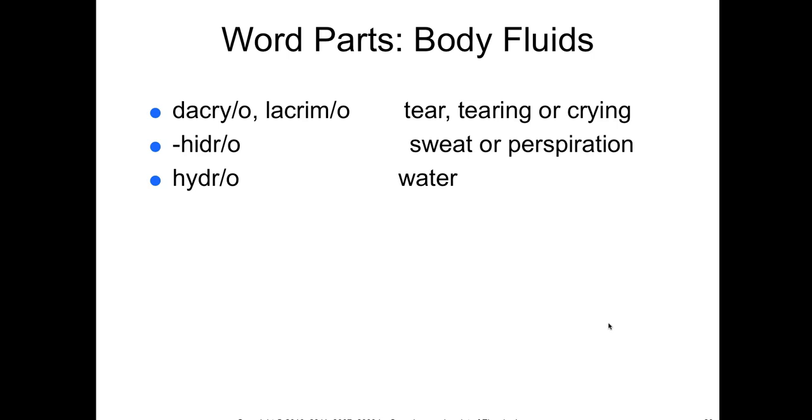Next, we have some word parts here for body fluids. So we have dacryo, which is going to mean tearing or crying. Lacrimo is also going to mean tearing or tear or crying. And I'll show you guys where your lacrimal bone is.